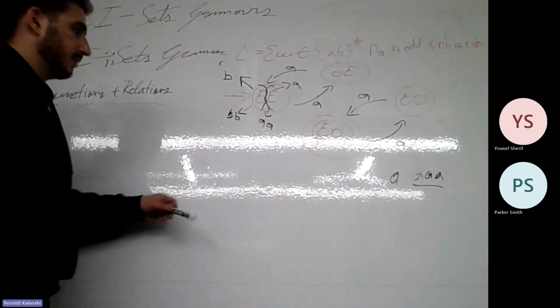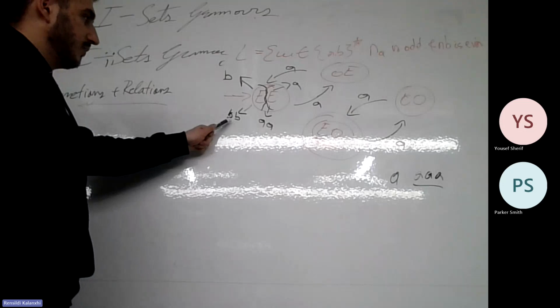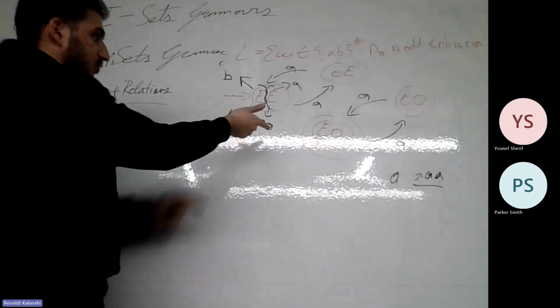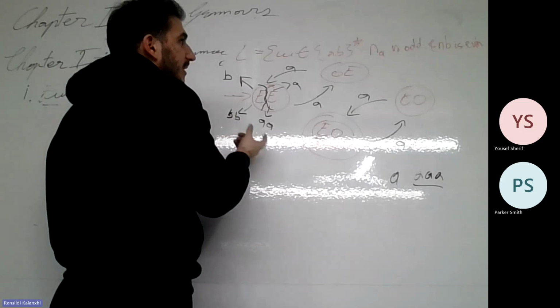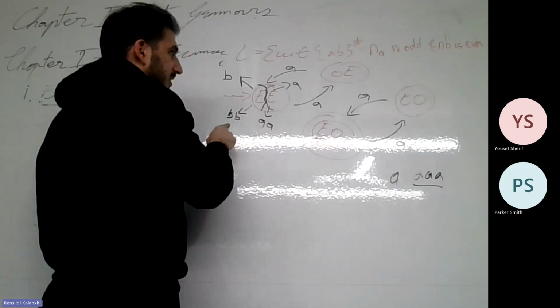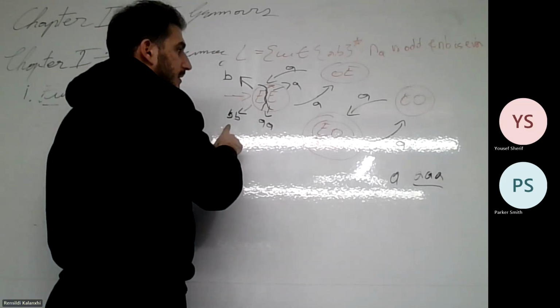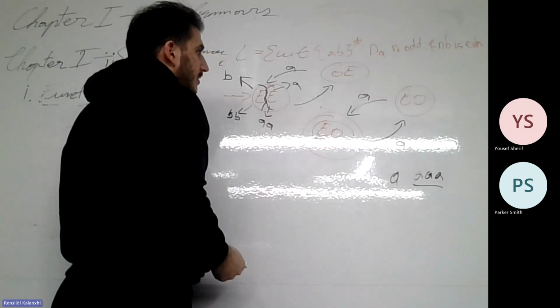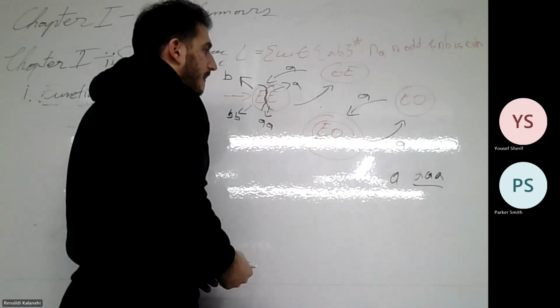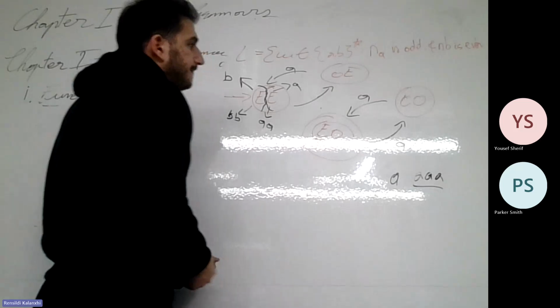Gotcha. But now if we swap them, right? That's what I was thinking. If we swap them, I think it will still be this. No, it will not be the same. So we start with BB, and we change them and put them as B's, I believe. So I believe so, yeah. Because you make the odd even.